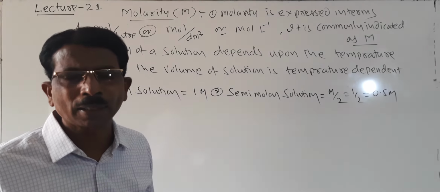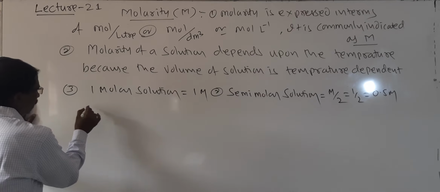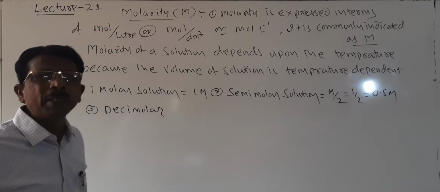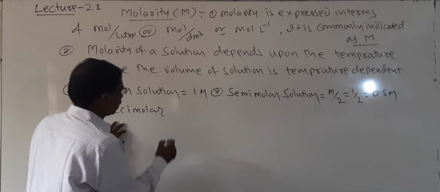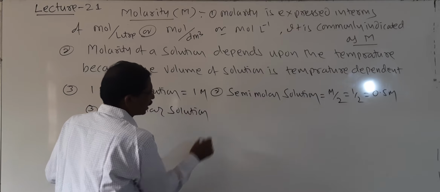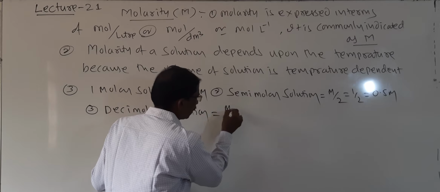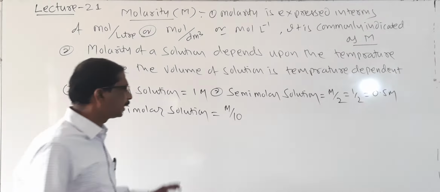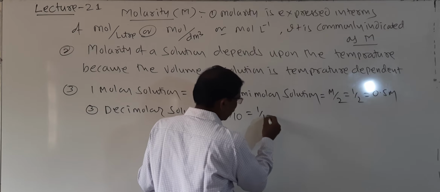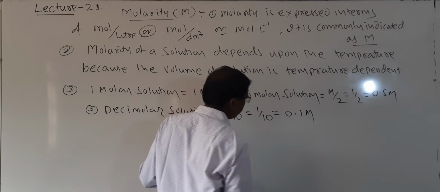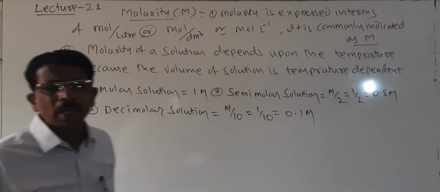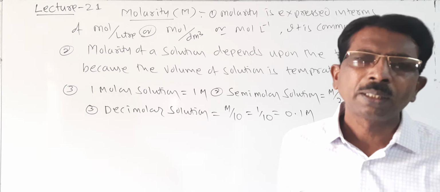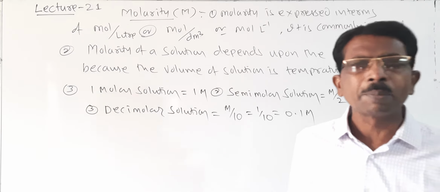Then what is decimolar? Deci means 10. A decimolar solution is M by 10, or 1 by 10, or 0.1 M. This is how we express the concentration in terms of words: semimolar solution, decimolar solution, and another one is centimolar solution.